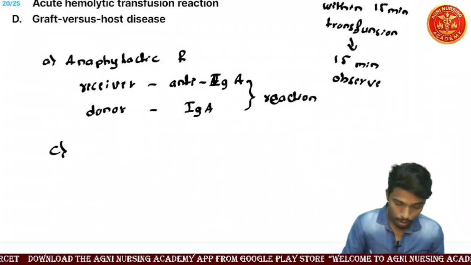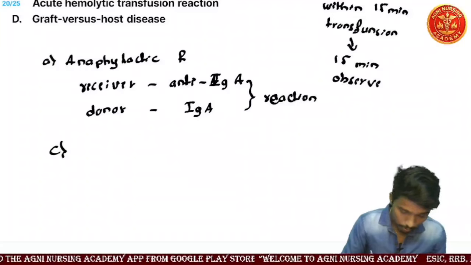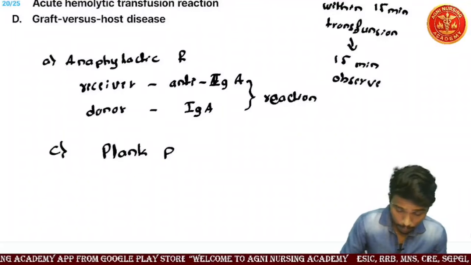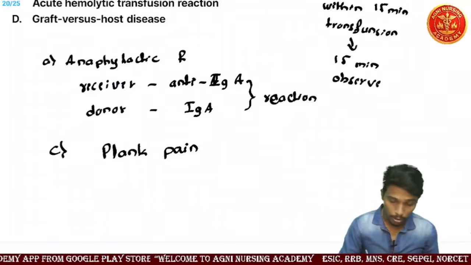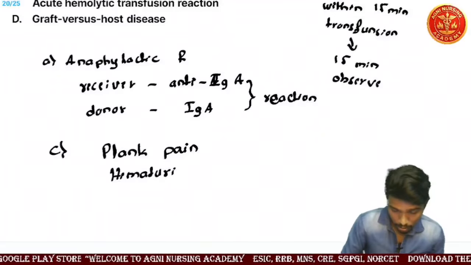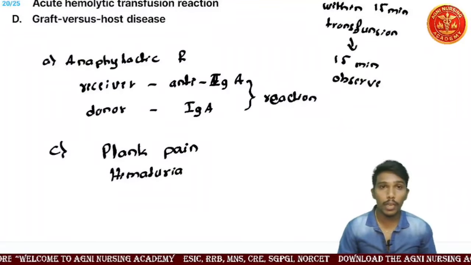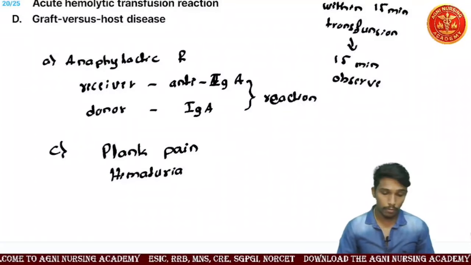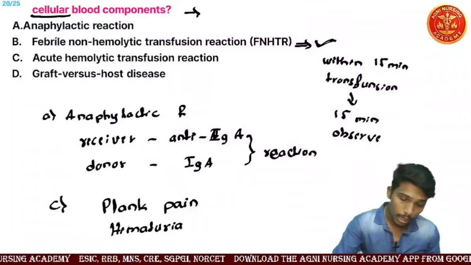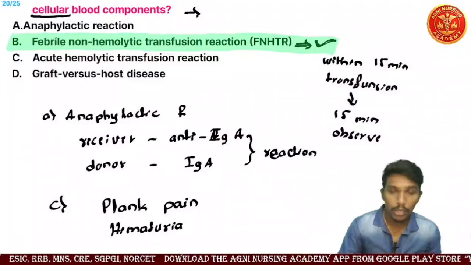We will see flank pain and hematuria, blood in urine. Hemolysis can happen and that can cause hematuria, and flank region pain we will see in the acute hemolytic transfusion reaction. Okay, the answer of this question is B, febrile non-hemolytic transfusion reaction.